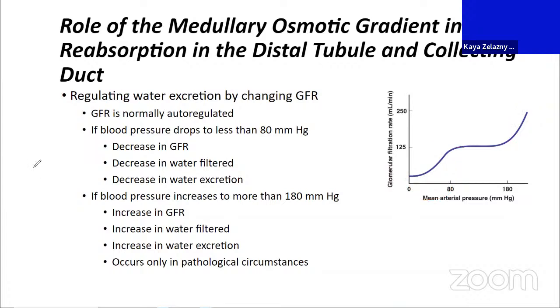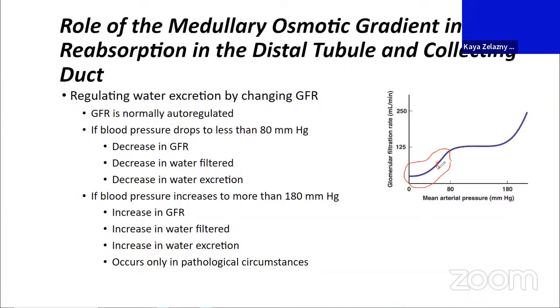So how this relates to what we're doing right now, right? So if you have a drop in that mean arterial pressure super low, right? So less than 80 millimeters of mercury, right? We are going to see a change to that glomerular filtration rate, right? So this is the point at which we are going to see a drop in that rate.